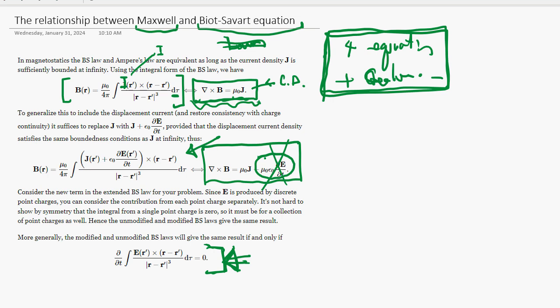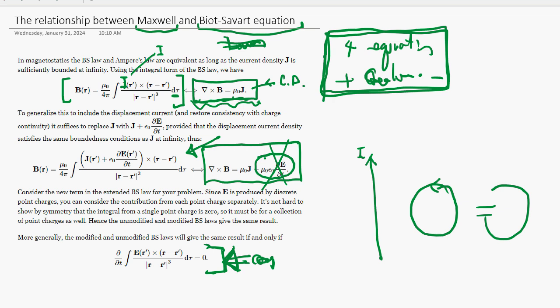So what kind of case is this? This is like an infinitely long wire, or you can approximate as infinite. But if you have a capacitor like that, then this doesn't work because there is a dt.